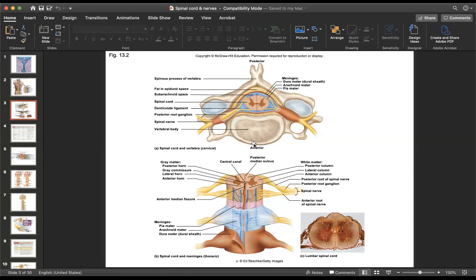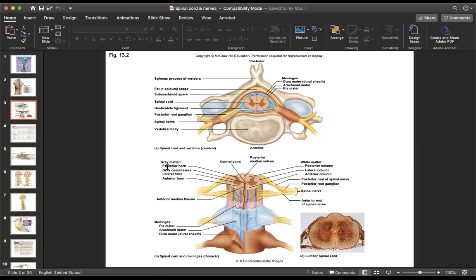Remember, gray matter is neuron cell bodies, dendrites, and unmyelinated axons. The white matter is myelinated axons. So in your spinal cord, the white matter forms columns that are basically axons that carry information up and down the spinal cord. Okay, the gray matter, the deep butterfly of gray matter, holds basically cell bodies and dendrites, things like that.